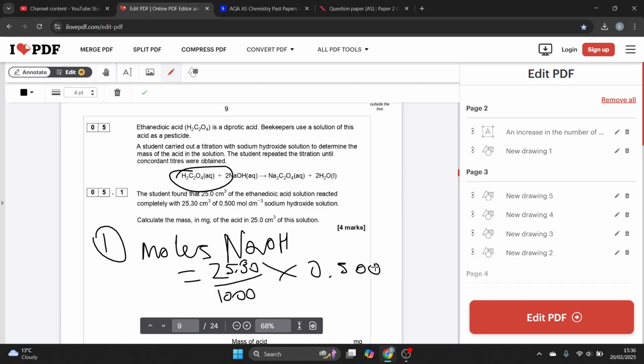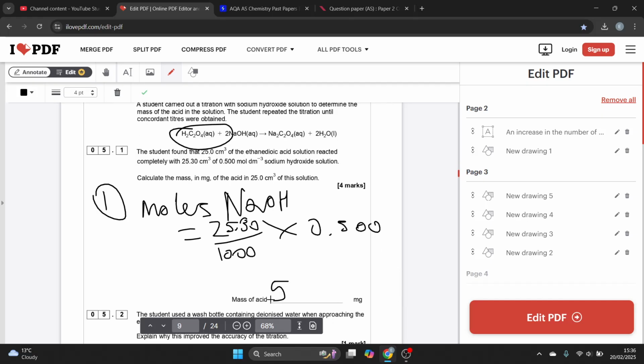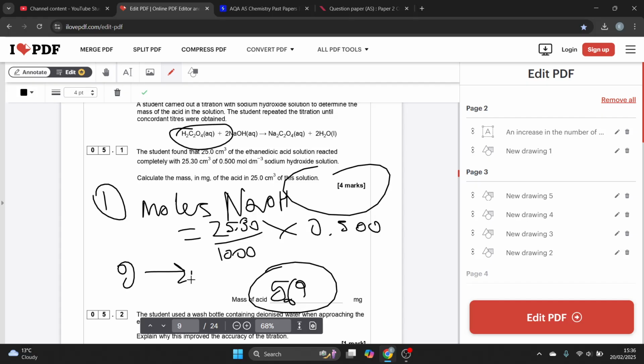But I want it in milligrams, so times by 1000, and then I get 569 milligrams. I think that's the reason it's worth 4 marks, for that final trick. Grams to milligrams. Remember to times it by 1000.